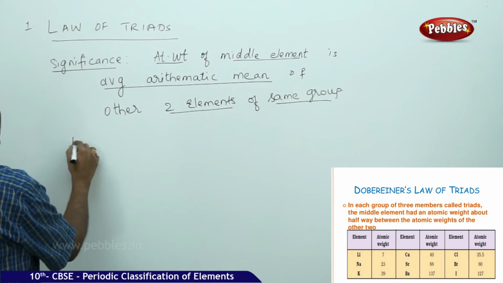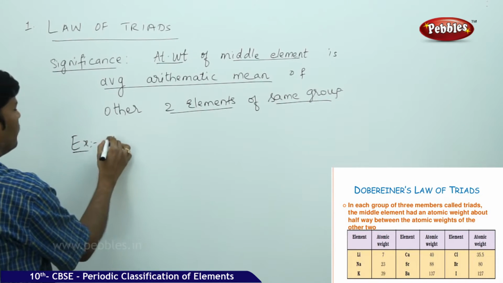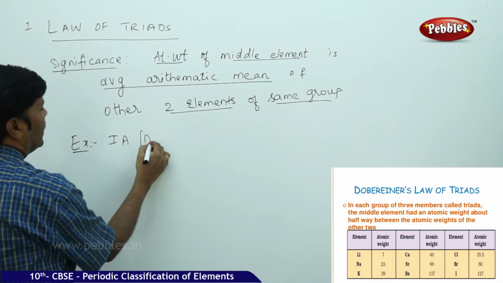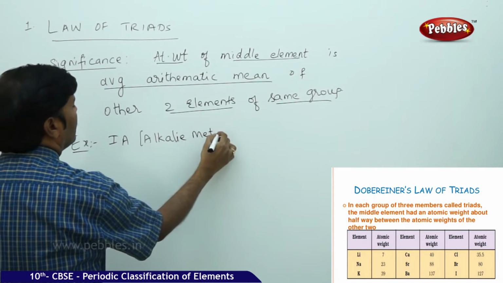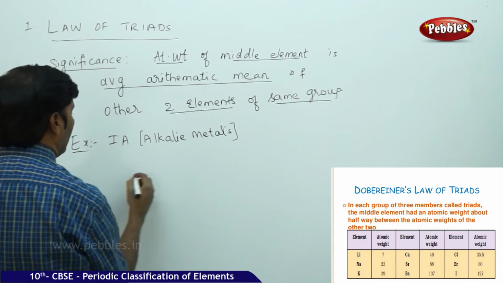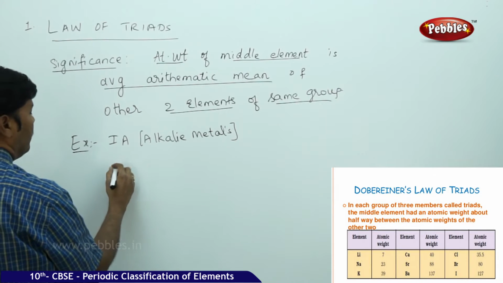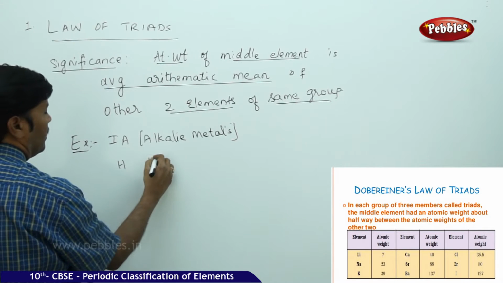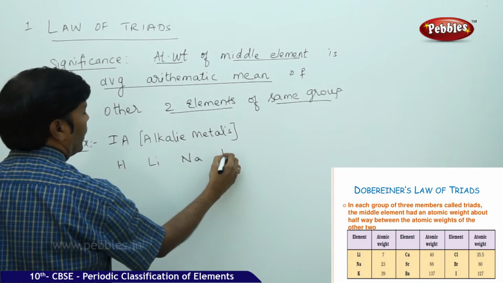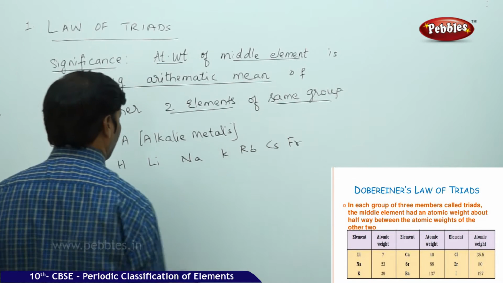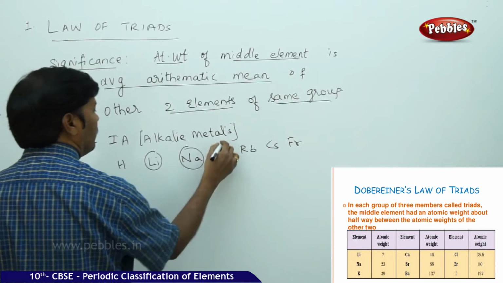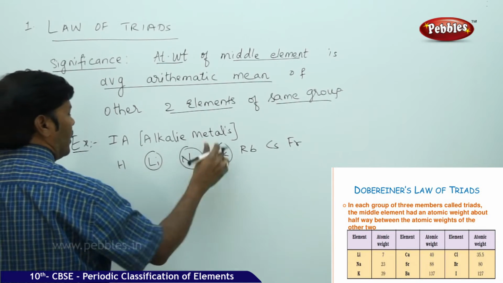Suppose for example you take 1A group. 1A group is alkali metals. So I am taking here lithium. We have hydrogen, lithium, sodium, potassium, rubidium, cesium and francium. So I am taking lithium, sodium and potassium belonging to the same group.